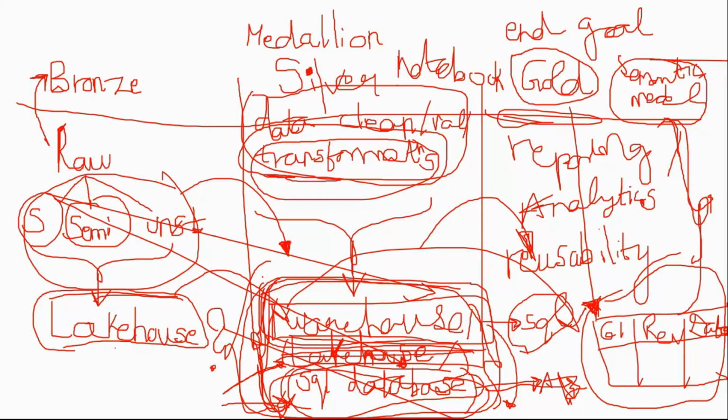Choosing the transformation tool was pretty simple based on developer team strength. But selecting the storage layer is not that simple. It depends on multiple factors. First is the different types of data. Second is the transformation tool. Third is the end goal.